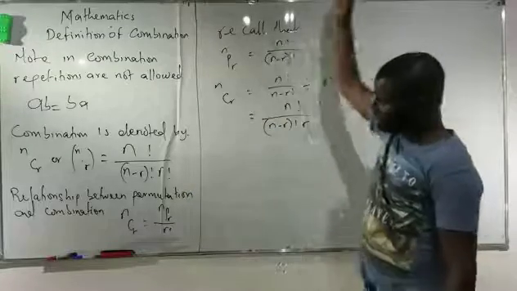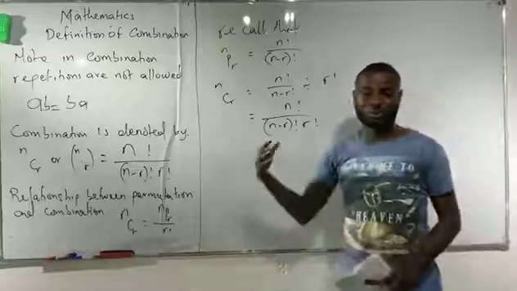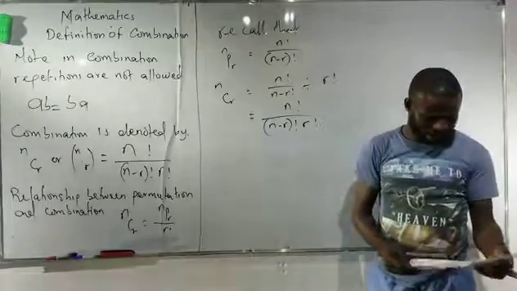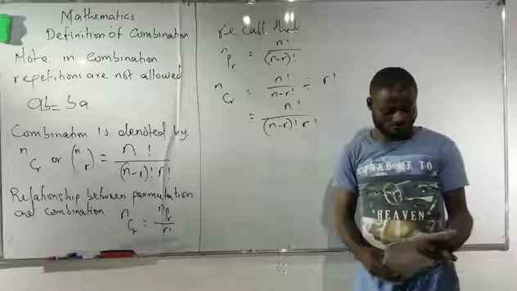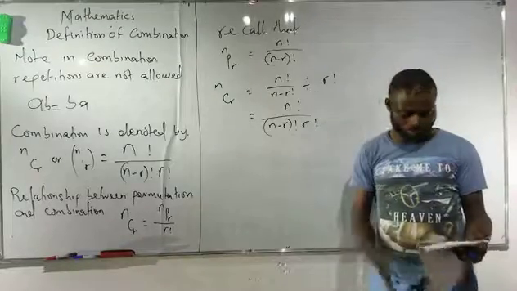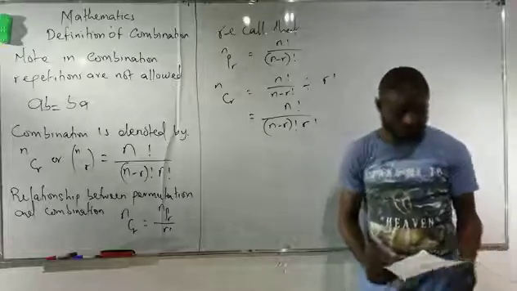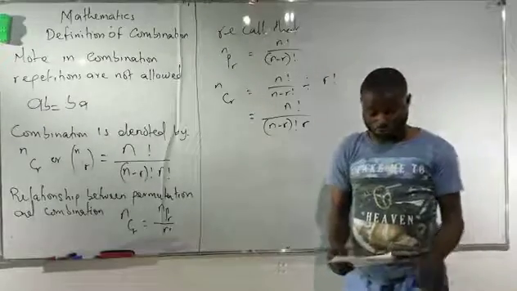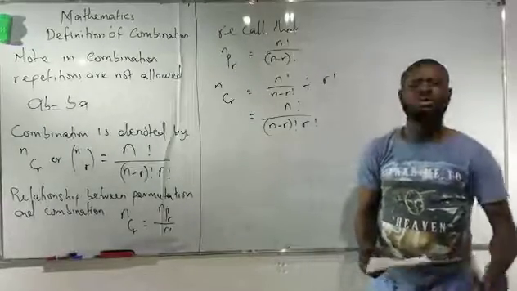All these are the things we are going to be working on as far as this video is concerned. I have some problems here, which are word problems. Allow me to put them on the board so that you can see how it's being presented.